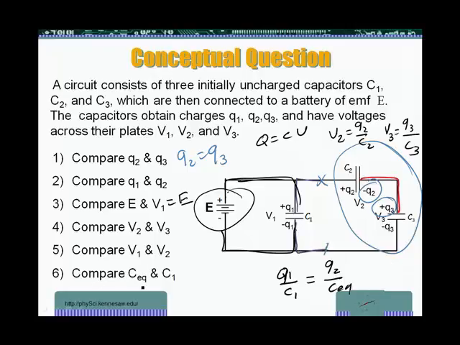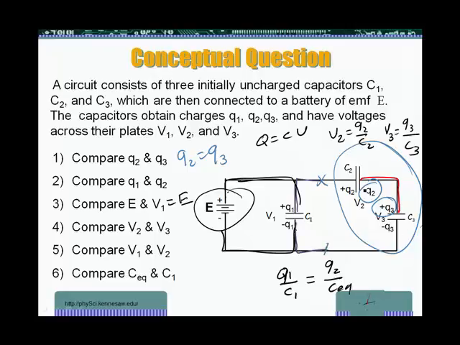What about C equivalent and C1? The equivalent capacitance is going to be the capacitance of C1 plus the equivalent capacitance of C2 and C3.